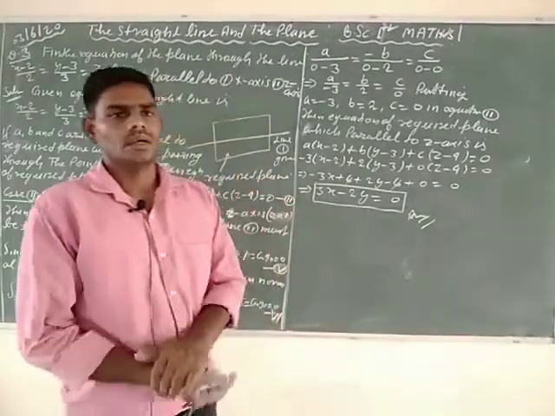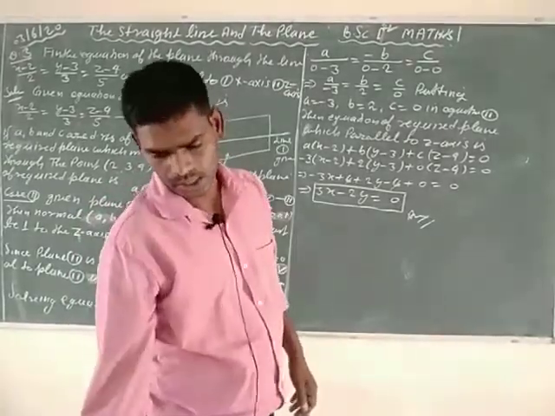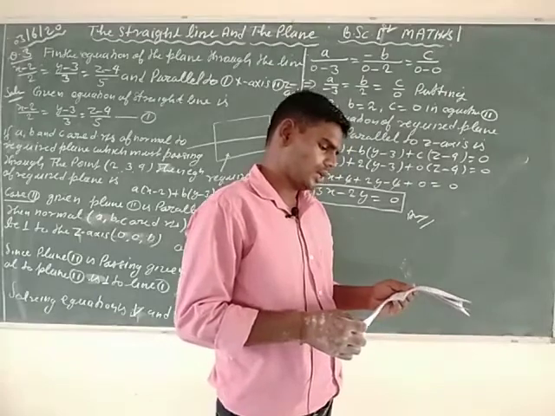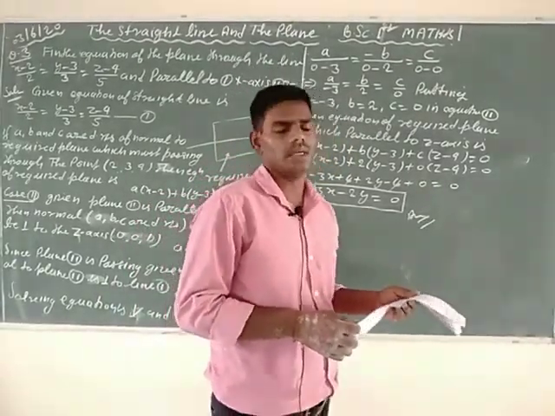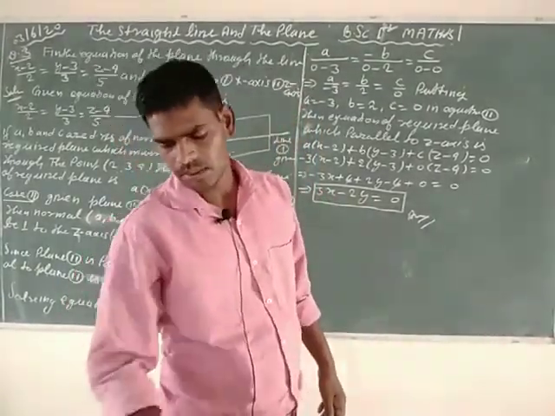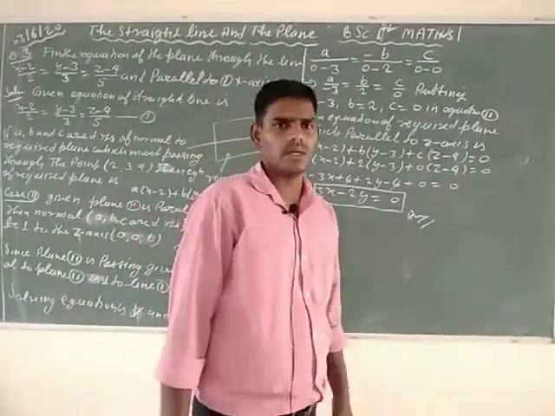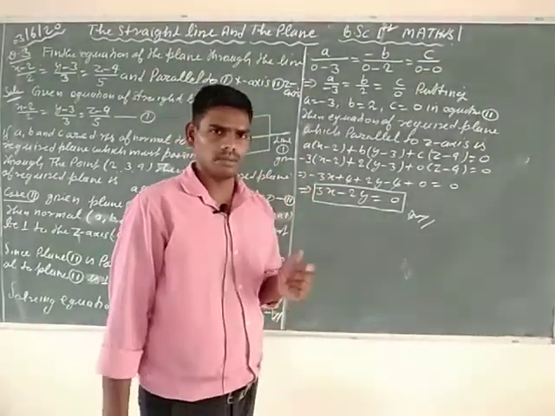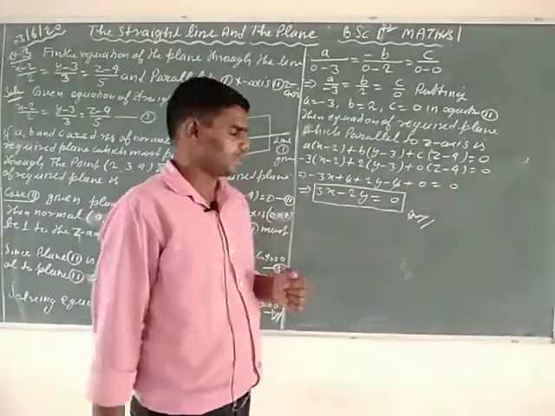After then, it is also given that the required plane is parallel to the second line, (x minus 2) by 2 is equal to (y minus 1) by minus 3 is equal to (z plus 4) by 4. So here the normal to the required plane must be perpendicular to this second line, because the plane is parallel to this second line, so the normal will be perpendicular according to rules and theory.